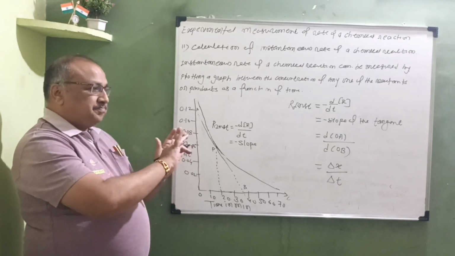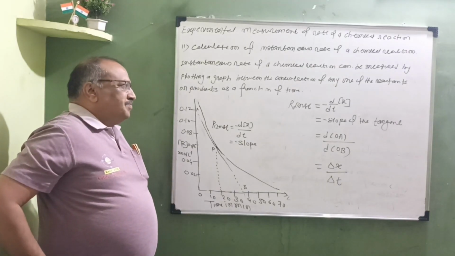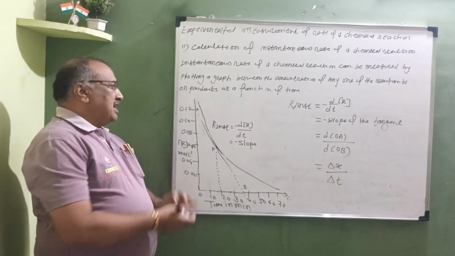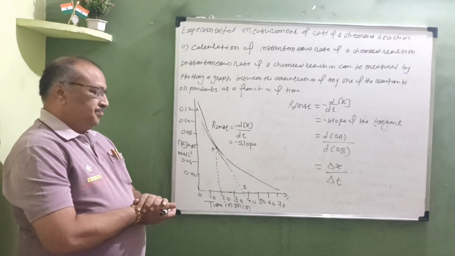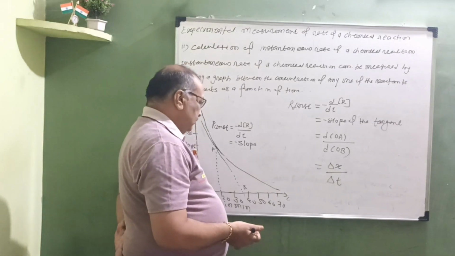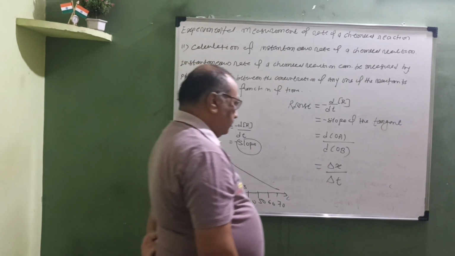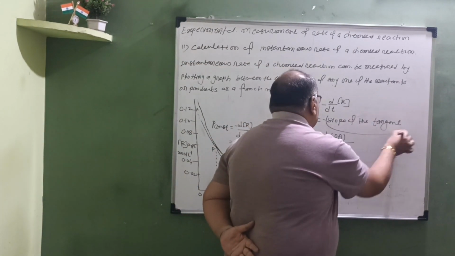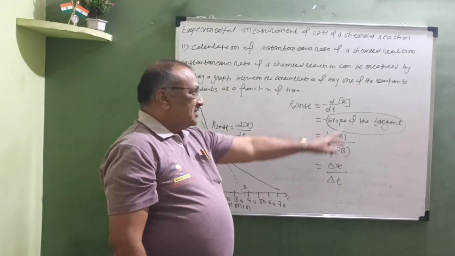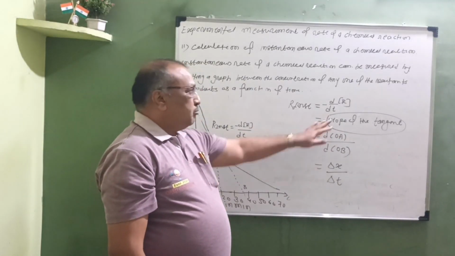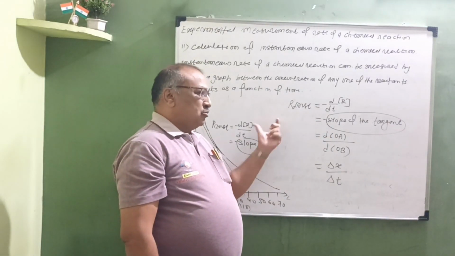That means this curve is in the downward direction, and here you will get the slope of tangent, and that slope of tangent is negative. That means value of this slope is negative. That means negative into negative is positive, and therefore R instantaneous is also positive.